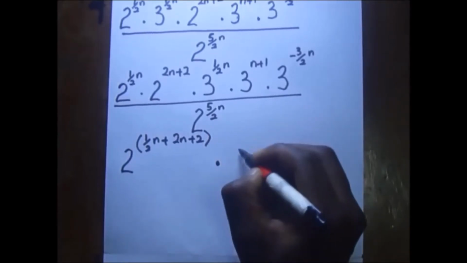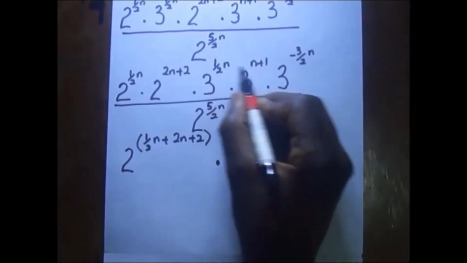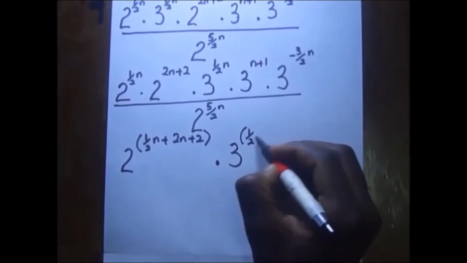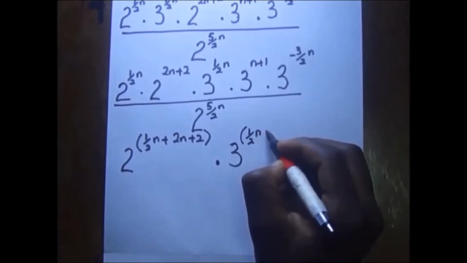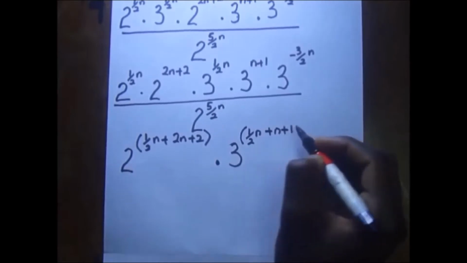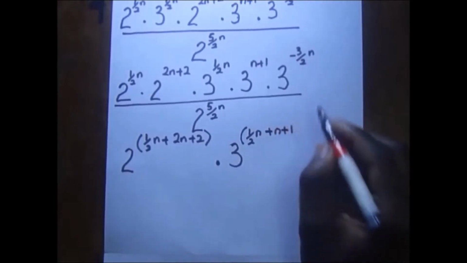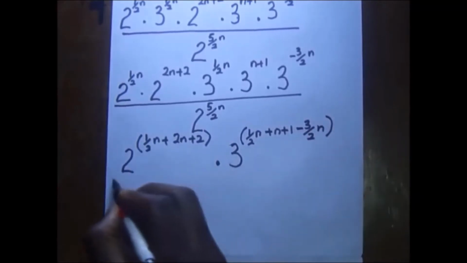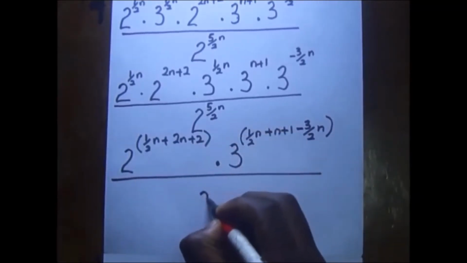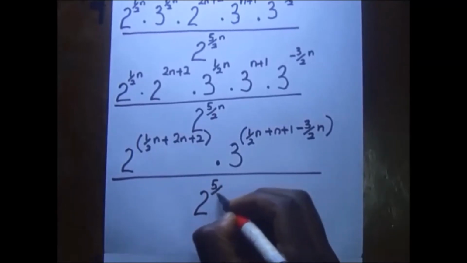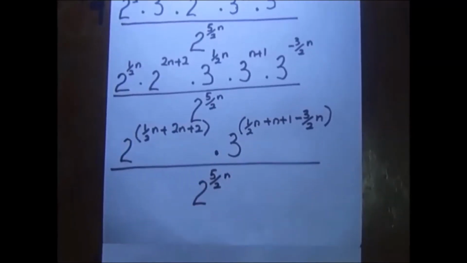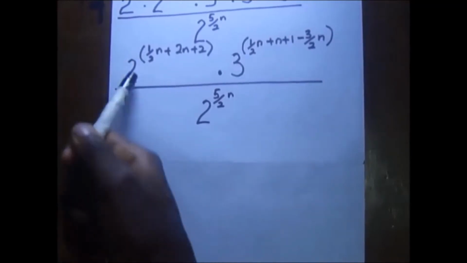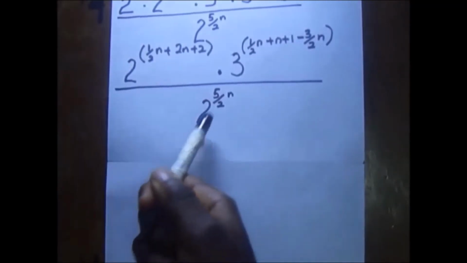This is the same base, so we maintain the 3 and add all the powers: half n plus n plus 1 minus 3 over 2n. Divide all that by 2 to the power 5 over 2n. So we find here that it's going to be 2 to the power something divided by 2 to the power something.